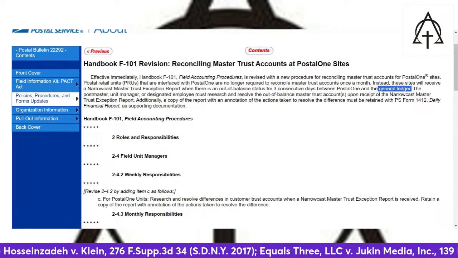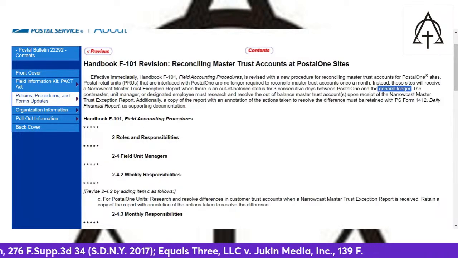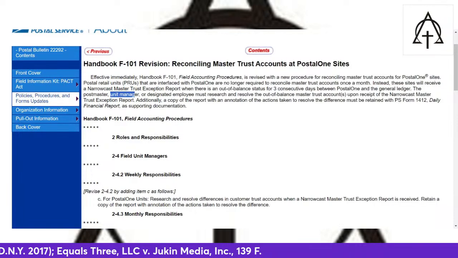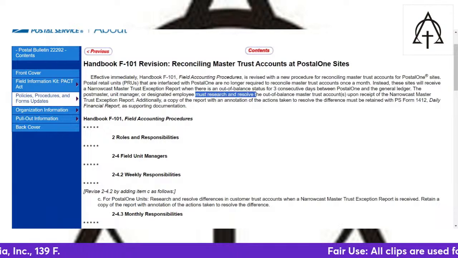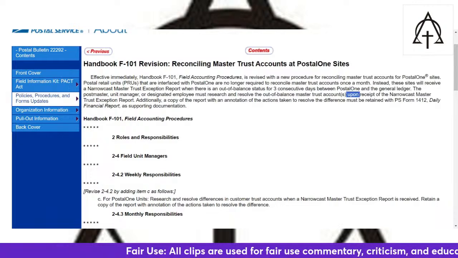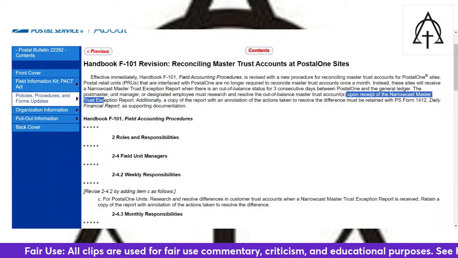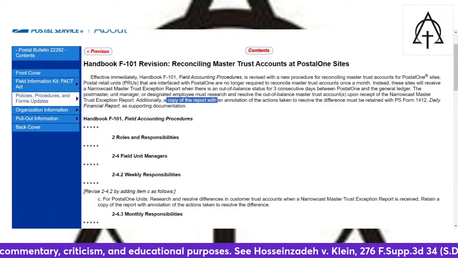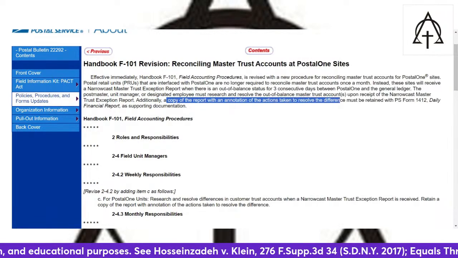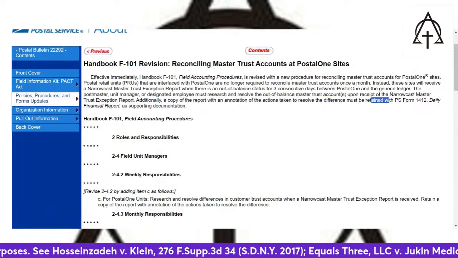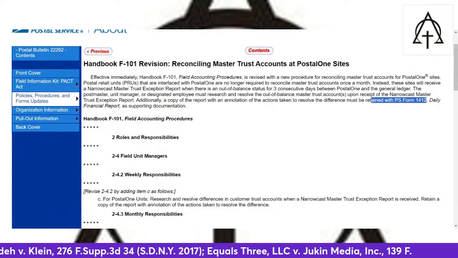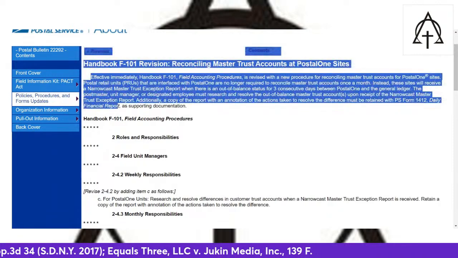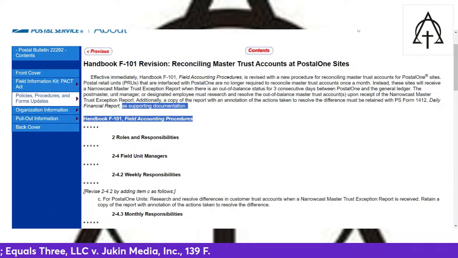The general ledger itself. The postmaster, unit manager, or designated employee must research and resolve the out of balance master trust accounts upon receipt of the narrowcast master trust exception report. Additionally, a copy of the report with an annotation of the actions taken to resolve the difference must be retained with PS Form 1412, Daily Financial Report, as supporting documentation.